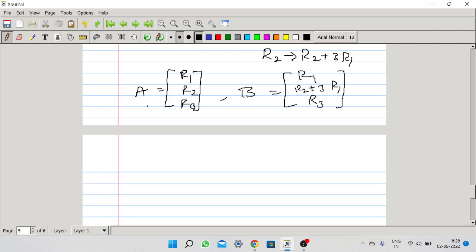So the first option is the matrix P equal to, let me not call it P, we are just checking, otherwise you will get confused.